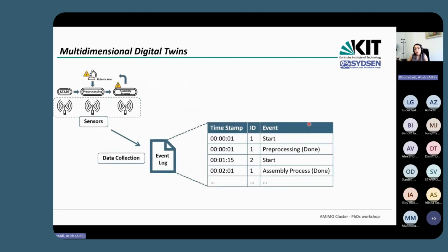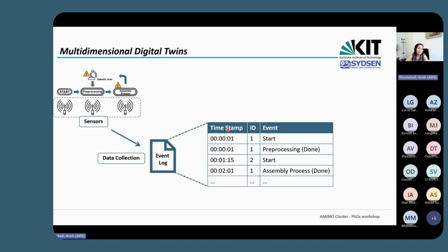In the normal digital twin that I have mentioned, we use standard event logs. These logs capture process-related information, including the event type, the ID of the process, and the timestamp. For example, the raw material packet with ID one has arrived in the system at time 1, and so on.